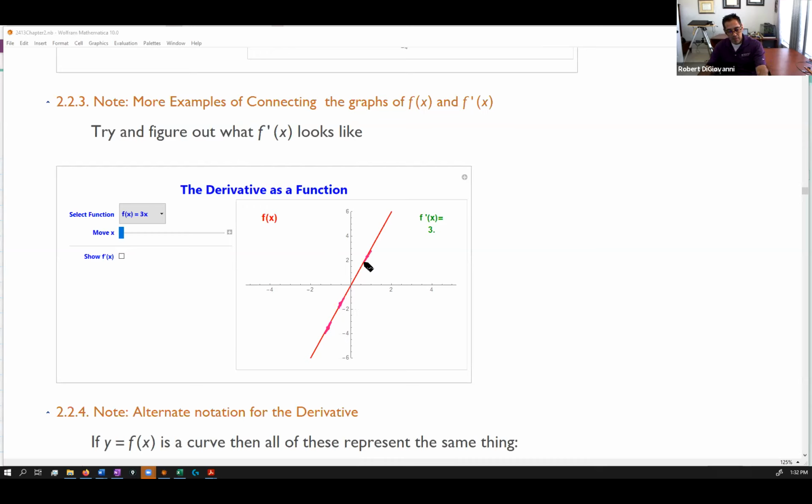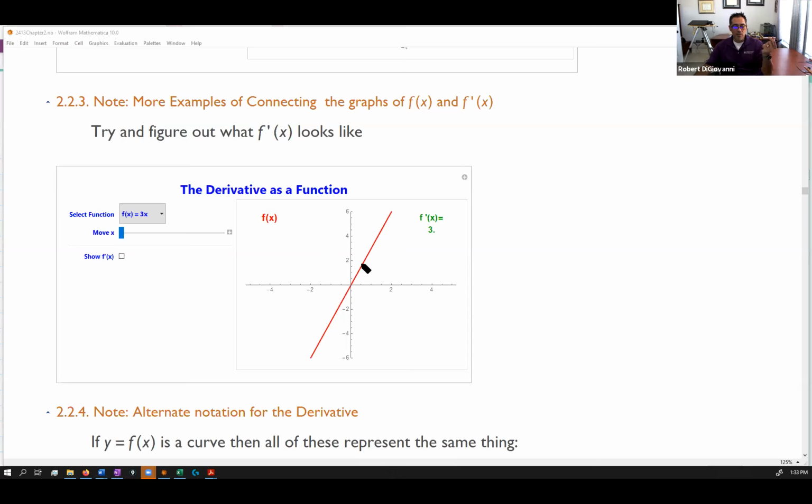So may I take a guess as to what the graph of our derivative would look like? Would it just be a flat line horizontal to the x-axis? It'll be a flat line because the derivative here at any point is constant.